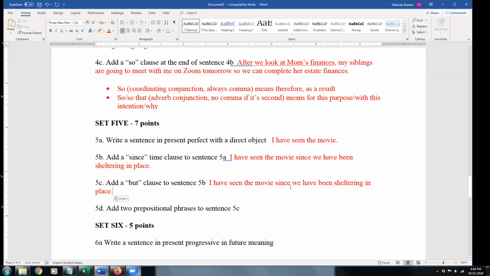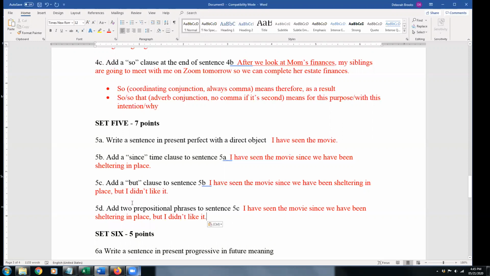With those adverb clauses, you can switch those. Now with but, always a comma with but. I've seen the movie since we've been sheltering in place, but I didn't like it.